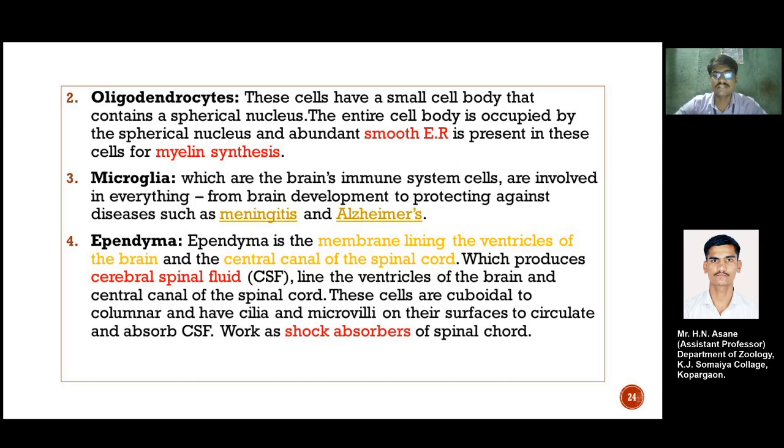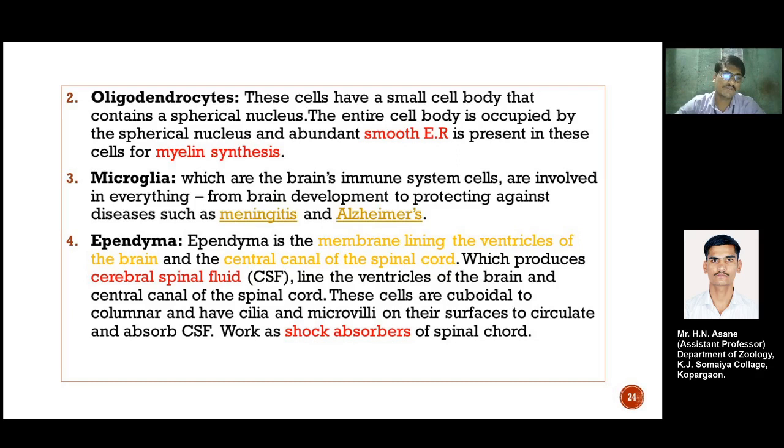The degeneration of our memory cells occurs. A person suffering from Alzheimer's disease loses his memory because of the loss of memory neurons. He may not remember even his own name, the person who is suffering from Alzheimer's.